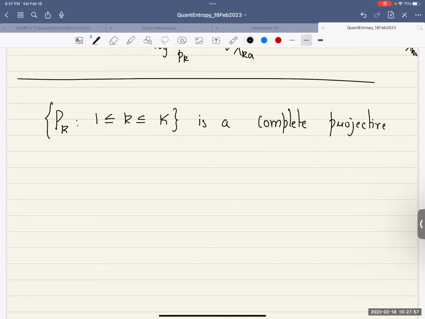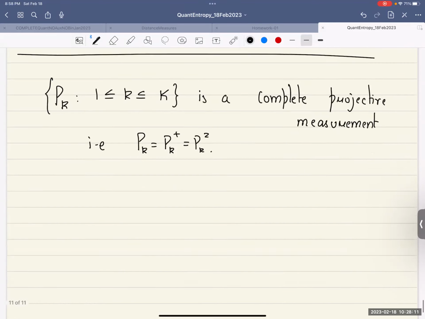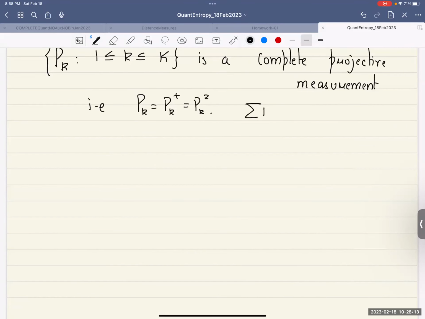Complete projective measurement. That is P_k equal to P_k dagger equal to P_k squared, so they're all projectors, and summation P_k is identity. That's what I mean. Just a complete projective measurement.